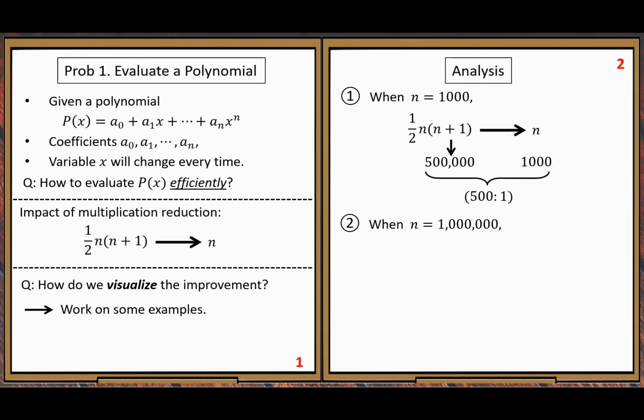Now I want to do the second experiment. This time, we take n as 1 million. That large polynomial. This time, let's plug in and see the ratio difference, with just 1 million.